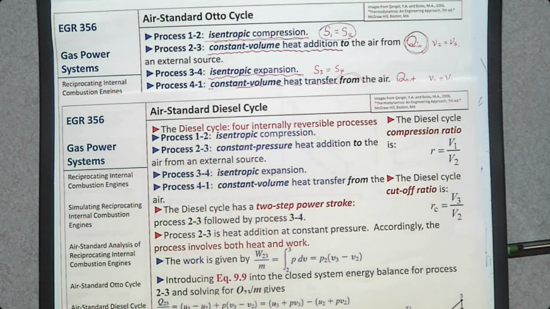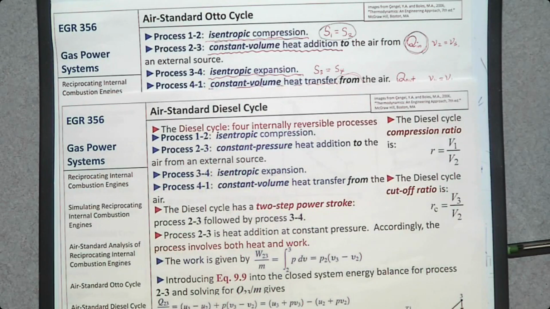The only difference is the combustion process. For Otto cycle, we assume that it is constant volume heat addition, which makes sense because the combustion takes place by a spark plug. It's just one brief moment when we can assume volume is almost constant.